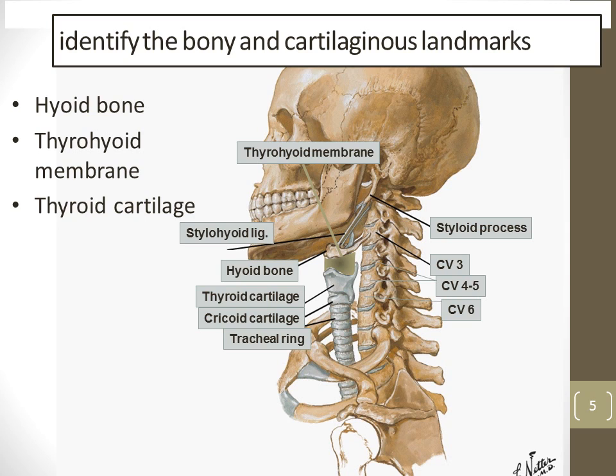So you might have to refer to some of the skeletal models we have to identify some of our bony and cartilaginous landmarks here. One of the most prominent features you can feel on yourself and on the specimen in lab as well is your hyoid bone. Hyoid is actually Greek and it means U-shaped. That kind of makes sense, it's very U-shaped.